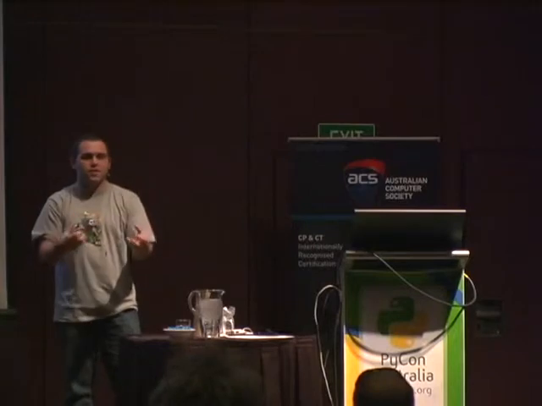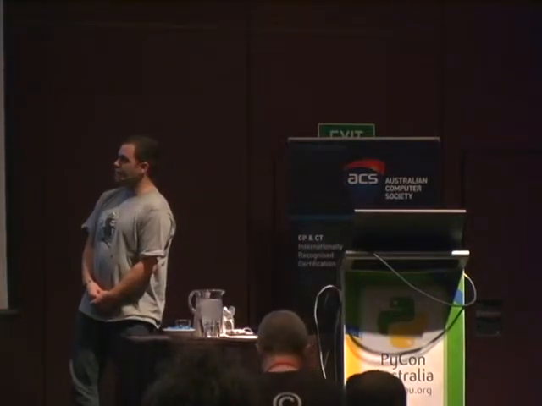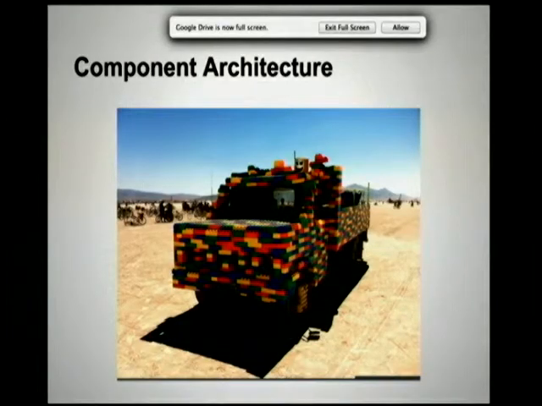And that's a way of abstracting your code, and a way of, you can call a method, but if you've inherited it and you've got a new object, you can change around and customize the kinds of things. So this is a truck with Lego bits, and it's kind of what I think of when I think of component architecture.